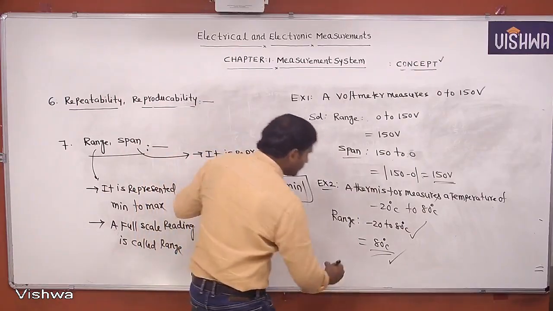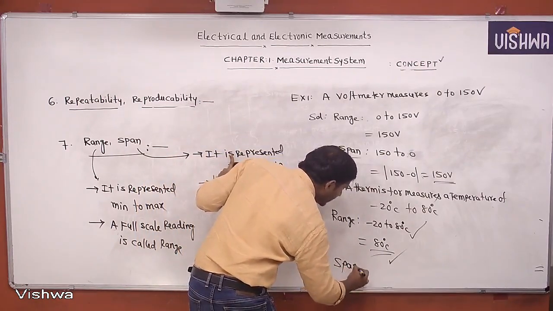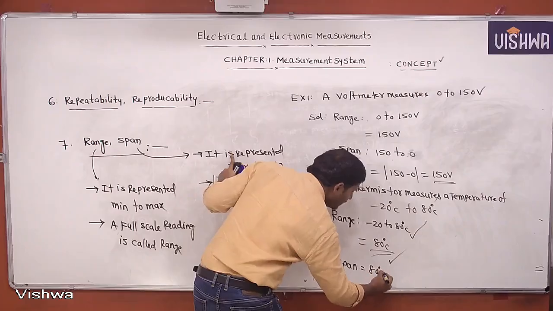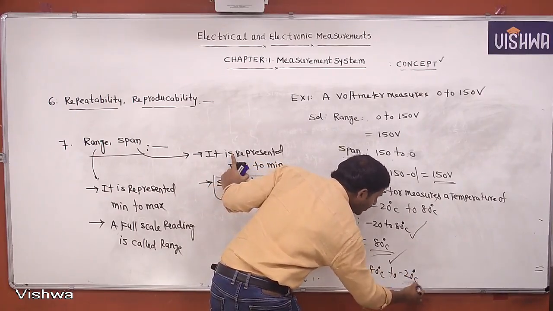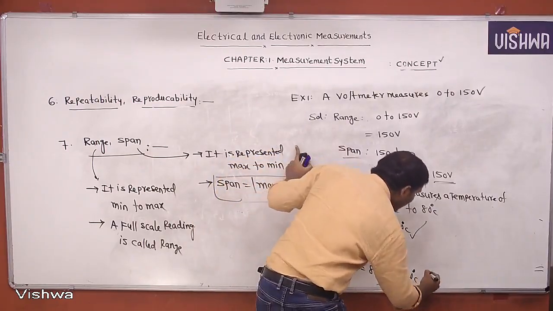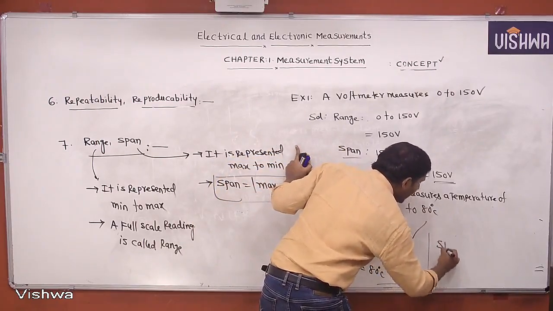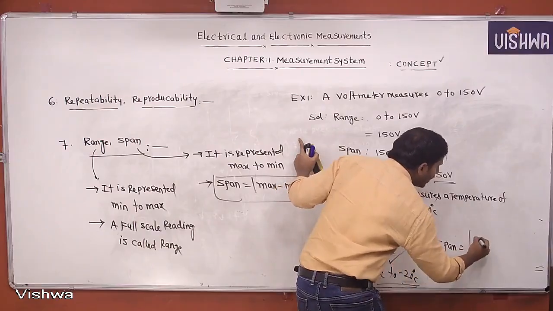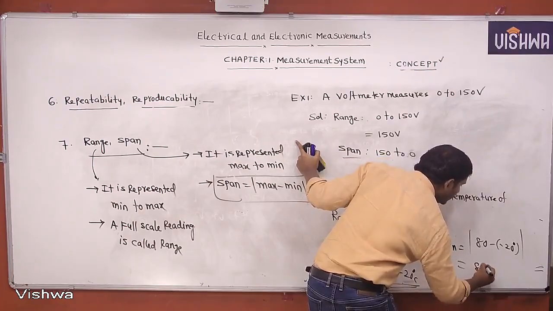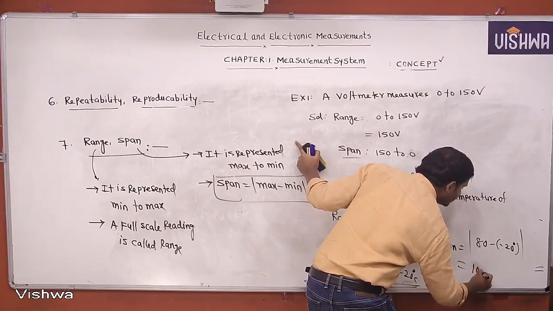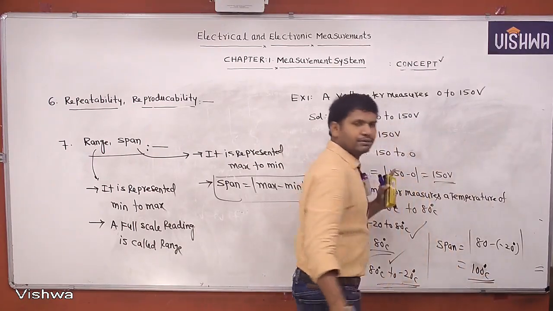What is the span? Span is represented as 80 degrees centigrade to minus 20 degrees centigrade, maxima to minima. As a value, span equals the absolute value of maxima minus minima. Then how much do we get? 100 degrees centigrade.